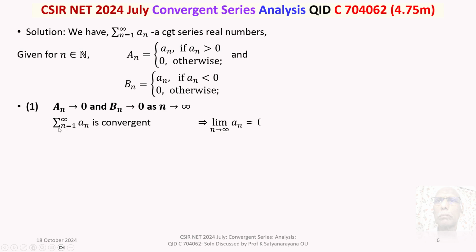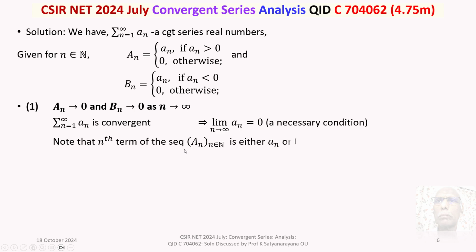We are given sigma a n is convergent and we have the necessary condition. Because it is convergent, a necessary condition is its nth term must tend to 0 as n tends to infinity. This implies limit n tends to infinity a n is 0, which is a necessary condition. Right. Note that the nth term of the sequence capital A n, n belongs to N, is either a n or 0.